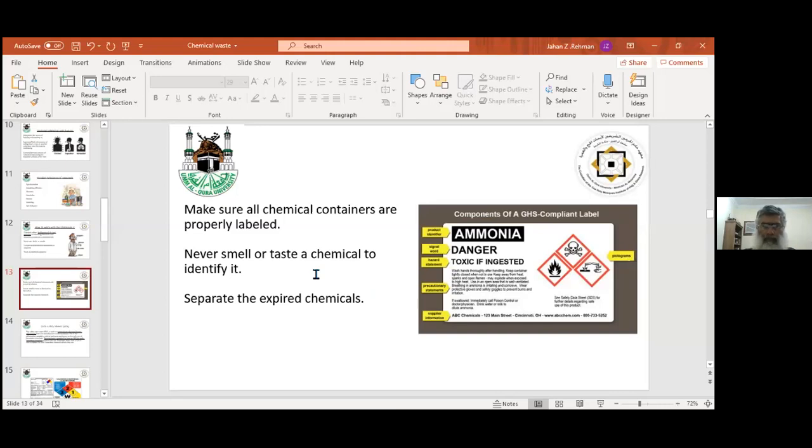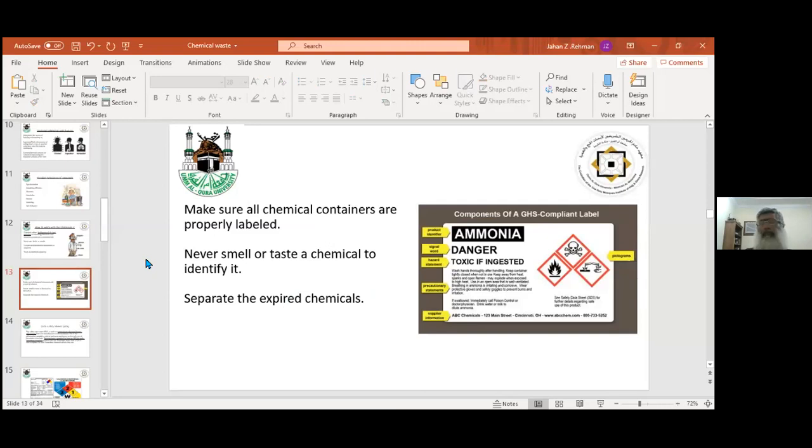Okay, this is another general rule in the lab. As in the previous slide, we had a general rule that you do not eat, drink, or smoke in the lab. This is another general rule: never smell or taste a chemical to identify it. If there is a caption or tag on the container, then read it.